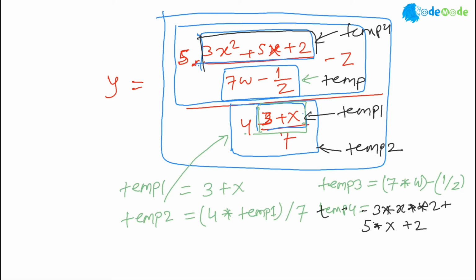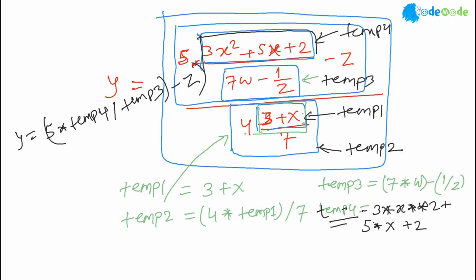Now y is going to be equal to 5 and temp4, my temp4 variable, which is nothing but my intermediate calculation, divided by temp3. This was temp3 divided by parenthesis temp3 minus z, and then everything in parenthesis divided by temp2, right?